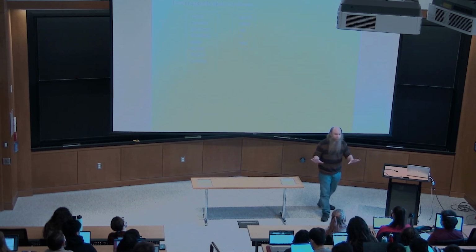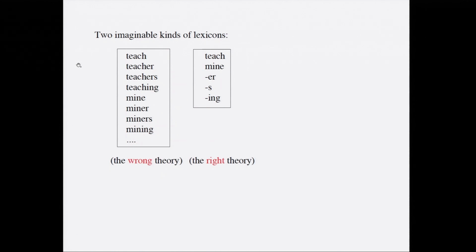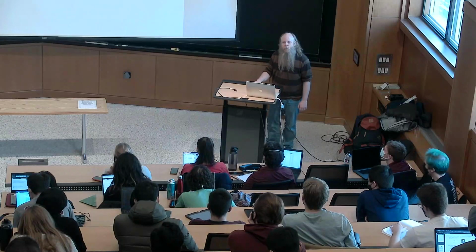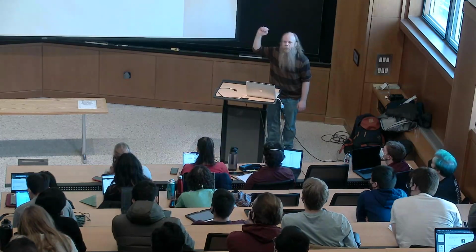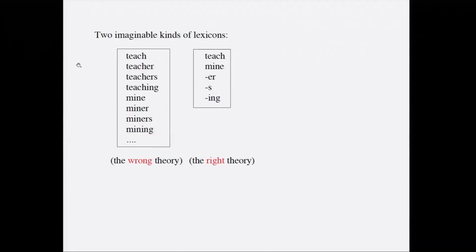Okay. All right. Yes, so just to give these theories nice non-judgmental names, we're going to call them the wrong theory and the right theory. Evidence that the right theory is right that we played around with: for one thing, I asked you to take pity on the plight of the Nimborans.